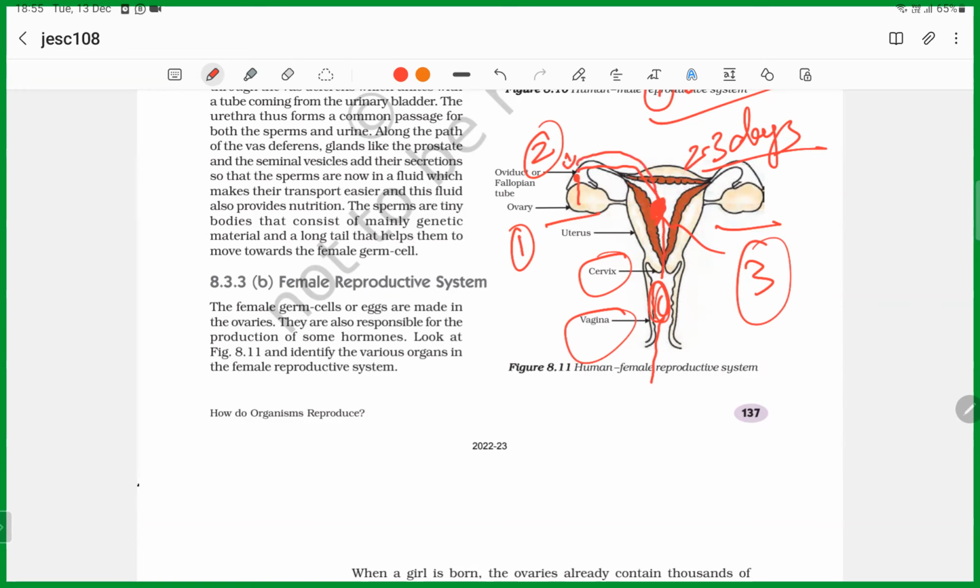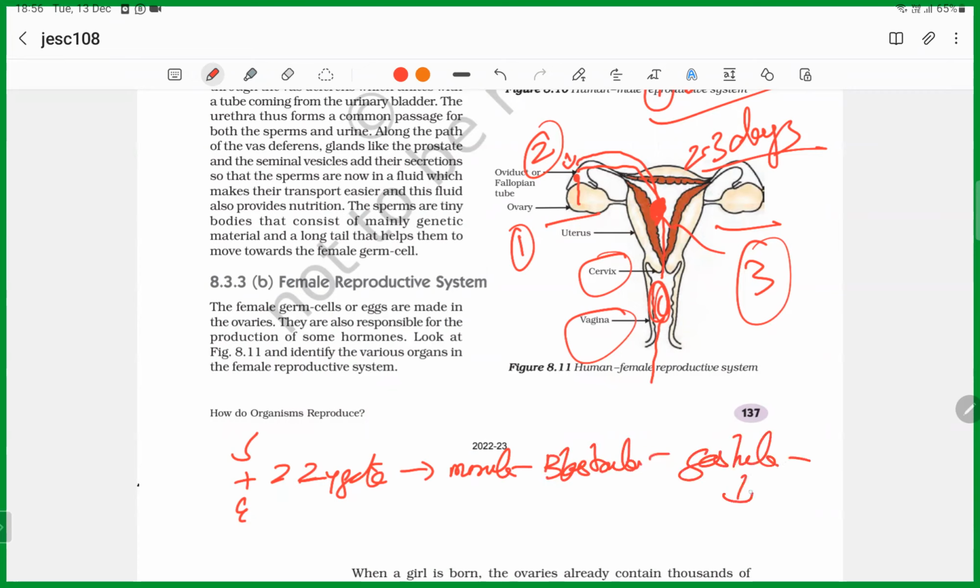Okay, so sperm plus egg, zygote, and then embryo, like different stages, morula, blastula, gastrula, like that it goes on, neurula, and then organogenesis, all other organs form, and then fetus.